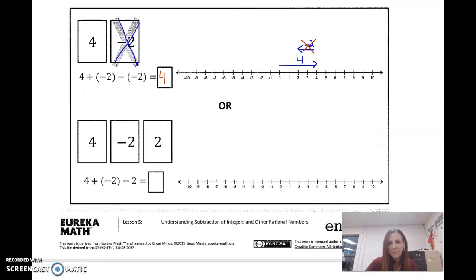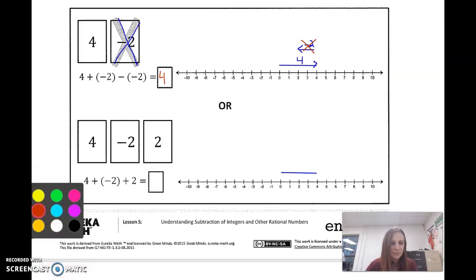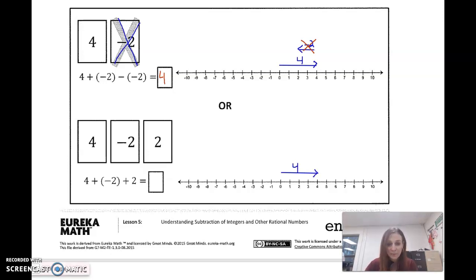But let's look at this another way. If I go from 0 to 4 again, then I'm going to add a negative 2. So I'm going 2 units to the left.